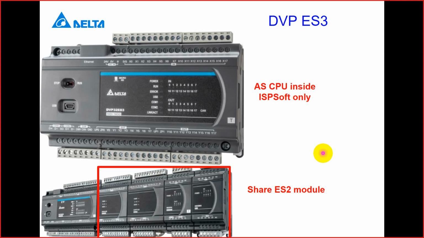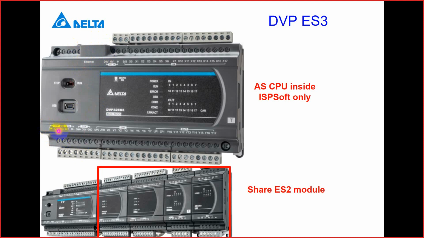Okay, and next will be the ES3. I think this one was already mentioned. For ES3, we also don't have RS-232 because we changed this one to mini USB, just the same as other AS series PLC. So here, just want to highlight, you can see on the top is the Ethernet port, okay?